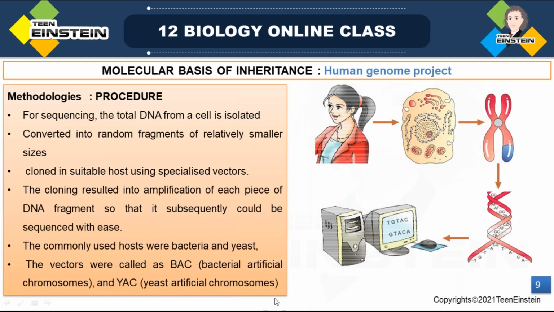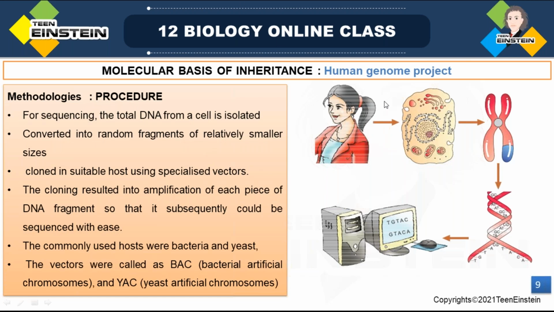Next, now we are going to learn about the procedure of this methodology, or how sequencing is done. First step is DNA isolation. For sequencing, first we need DNA, right?